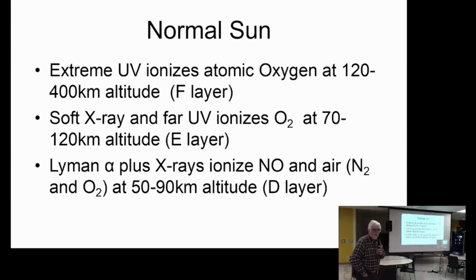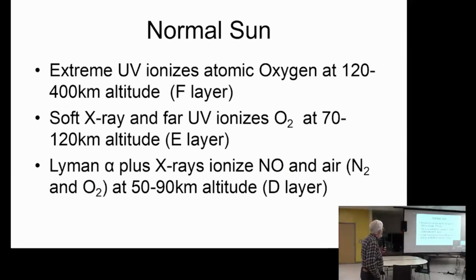And that's the F layer. The X-ray, soft X-ray and far ultraviolet gets a little further down in the atmosphere, and they knock electrons off of molecular oxygen, and that causes the E layer.